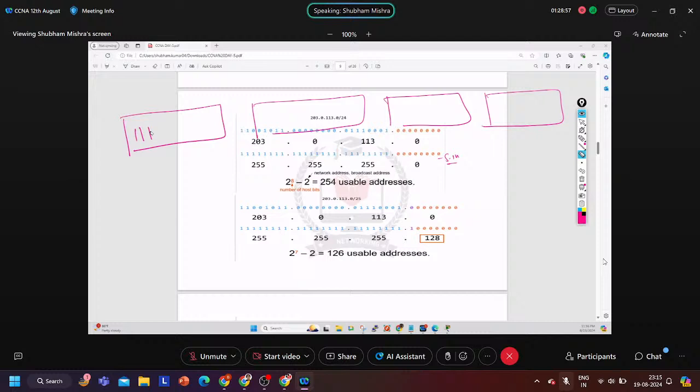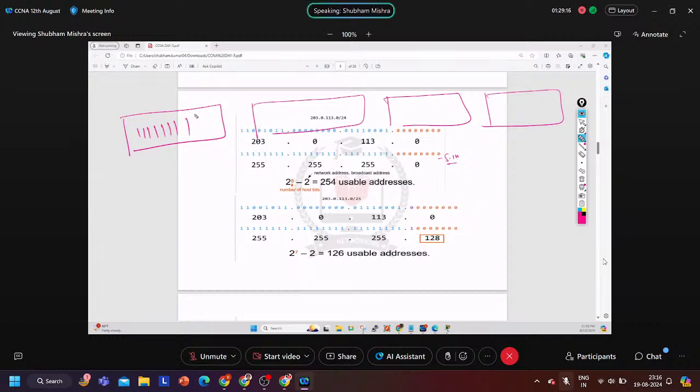Please remember this: every octet has 8 bits. Yes or no? So how many bits do we have here? 24. So 1, 2, 3, 4, 5, 6, 7, 8. Full.